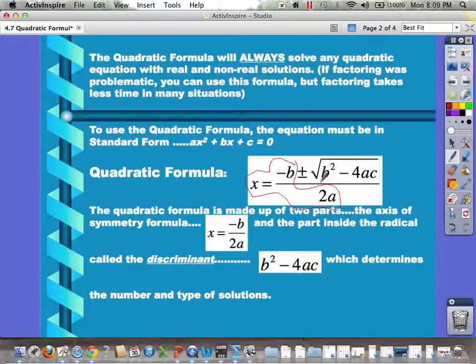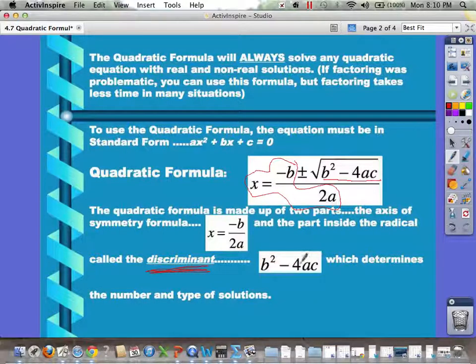And then underneath the radical, this part right here, the b squared minus 4ac, that is called the discriminant. Okay, the discriminant, you must know what that word is and what it does. The discriminant is just the b squared, not the square root of it, just b squared minus 4ac.